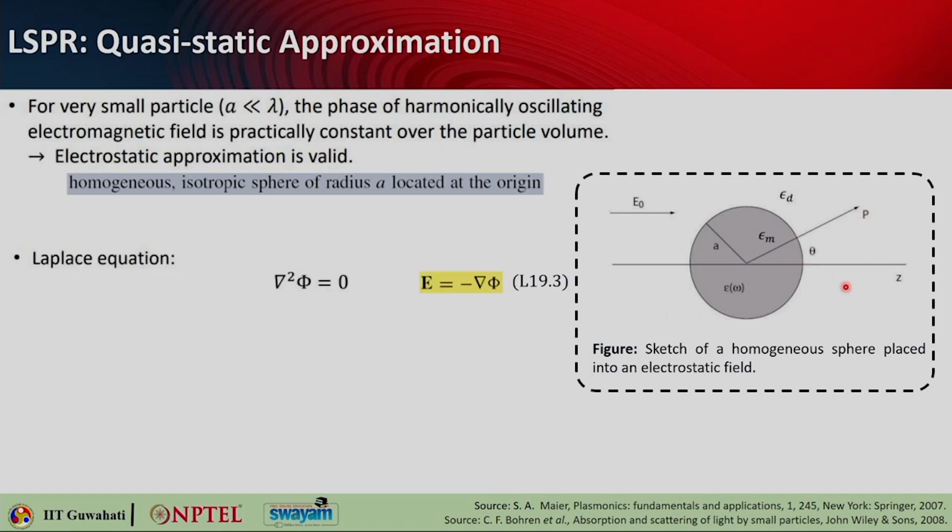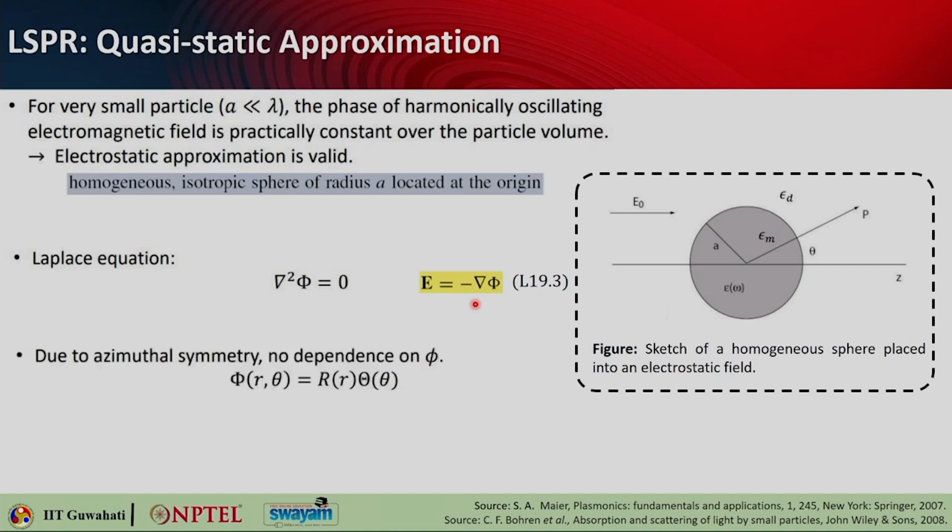Okay. So, in this case you can think of the Laplace equation. So, del square phi equals 0 and E is nothing but minus grad phi. So, you can solve the Laplace equation to find out the potential inside and outside the particle.